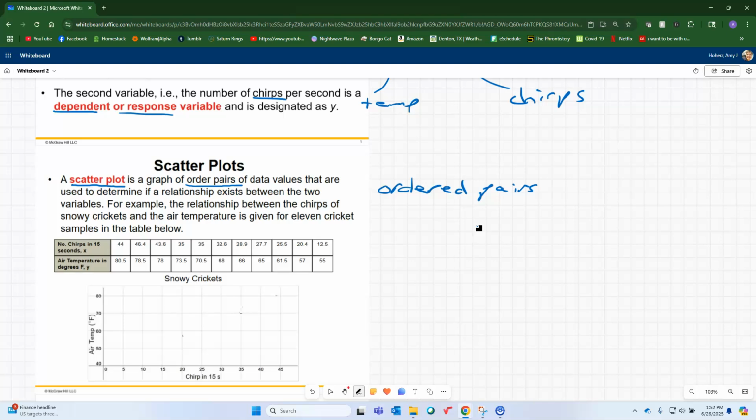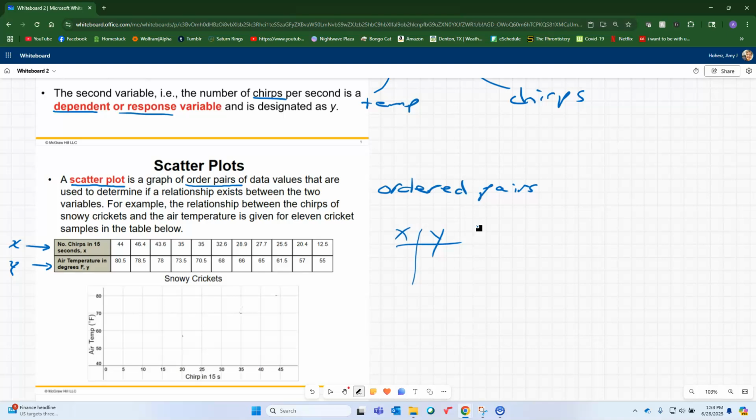So in this case, we have a horizontal table here, but the top is the X and the bottom is the Y. If you were given it in this form, whatever's over here is the X, whatever is over here is the Y. So in this case, the snowy cricket chirps in 15 seconds, and they could do that however they wanted.